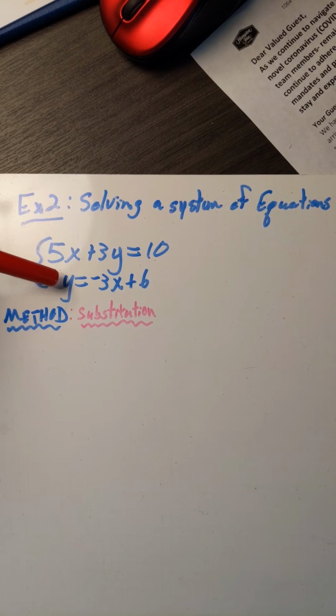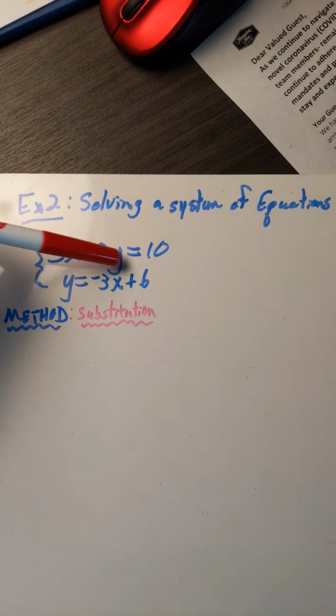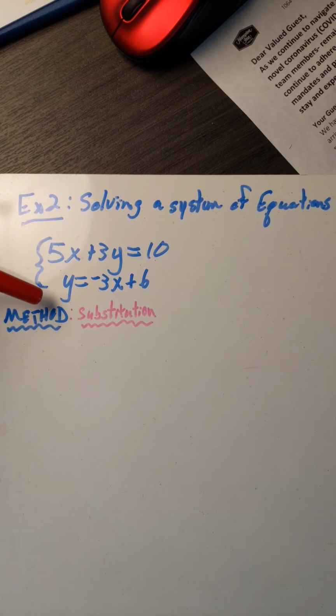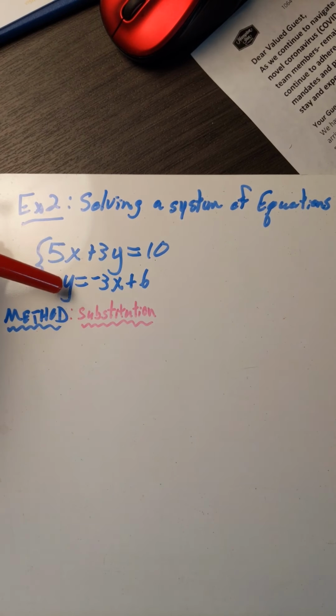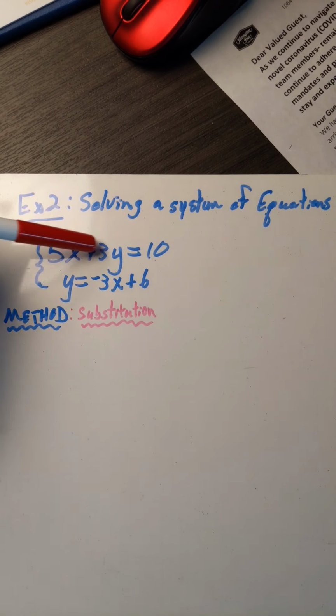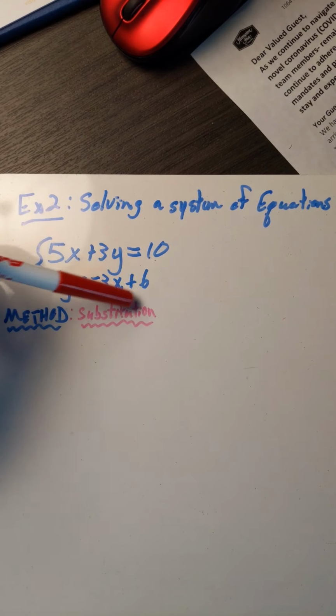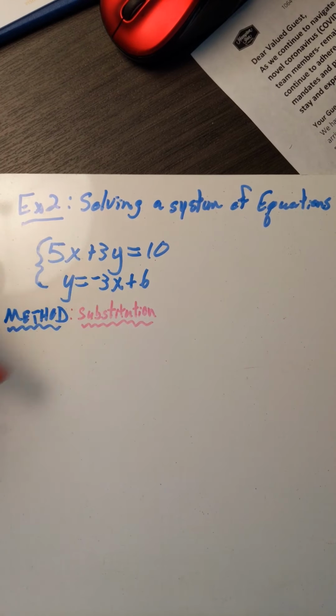It says that y, this variable y, is equal to this rule, negative 3x plus 6. So we have a variable that is equivalent to another quantity. This we're going to use as our substitution rule. So in the first equation, every time I see a y value, I'm going to replace it with negative 3x plus 6. That's the goal.